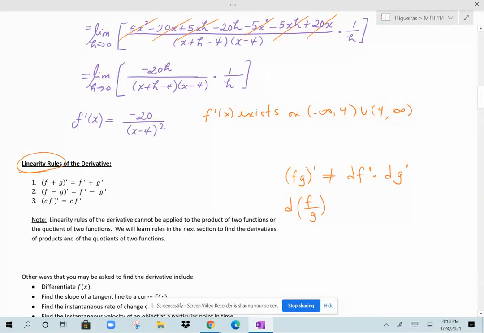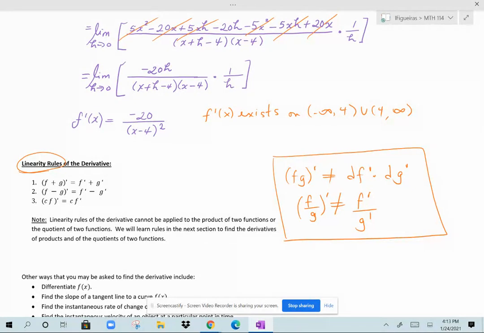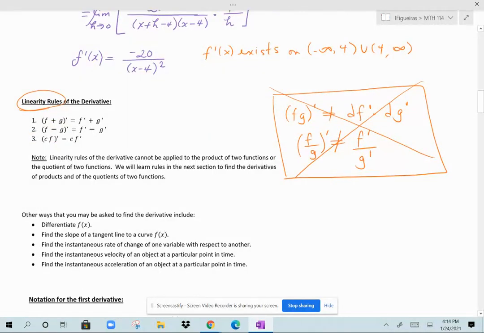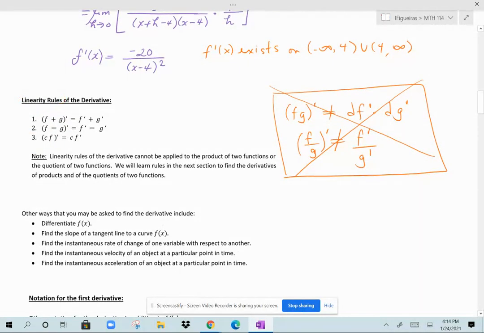The derivative of a quotient is not equal to the derivative of f divided by the derivative of g. In fact, you're going to learn two other rules for products and quotients later on in the course. So be careful not to make that assumption. That is not true. So just like I mentioned before, here are some of the ways you might be asked to find the derivative.